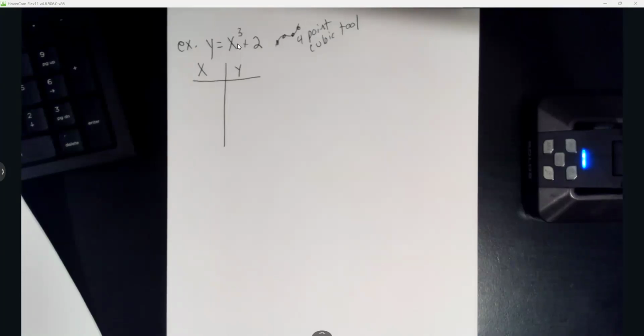So y'all, let me just say, I'm not even going to pick 5 on this one. Because if you pick a 5 for x, 5 times 5 times 5 is 125. Add 2 to that, that gives you 127 for your y value. Y'all, this MathLabs ain't going out that big, okay?